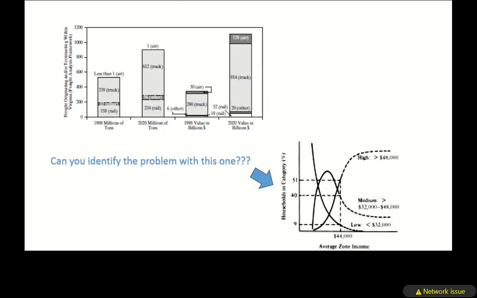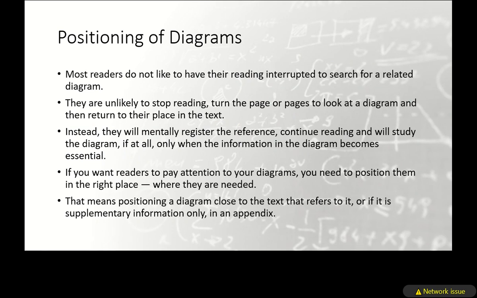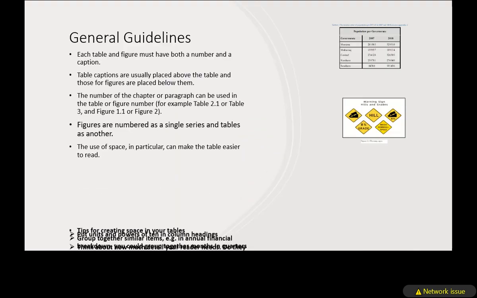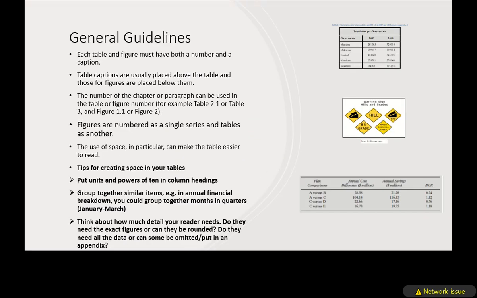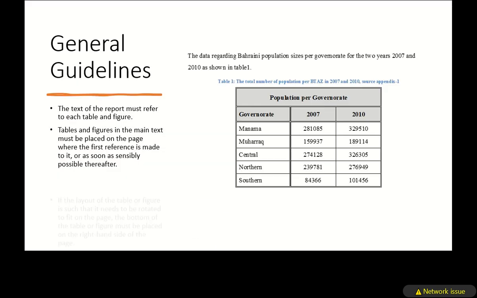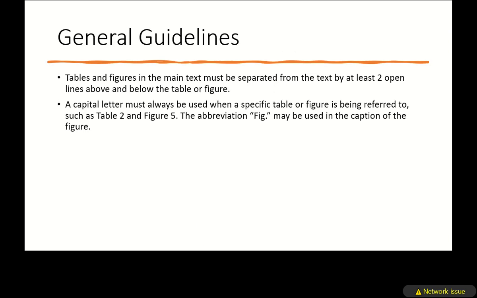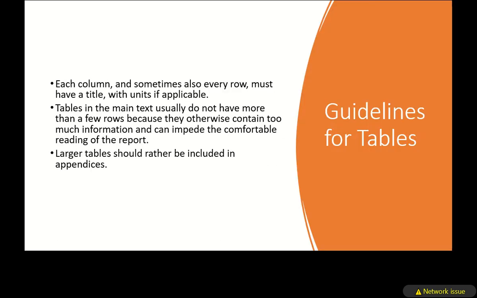It's a comparison, right? 1998 and 2020, in the same graph. And comparison between different modes of transport, truck, air and rail, again in the same graph. So for comparison, try to put together the data from different series or different sources in the same figure.